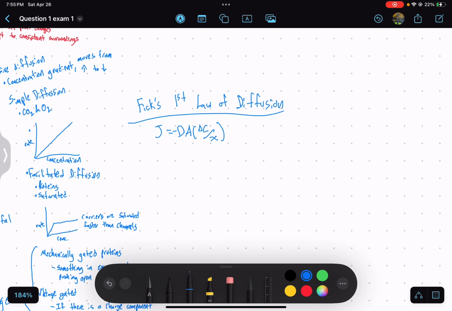So know that things will move in accordance with that.